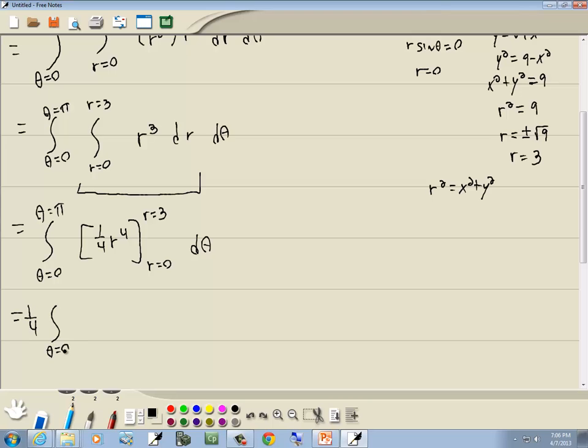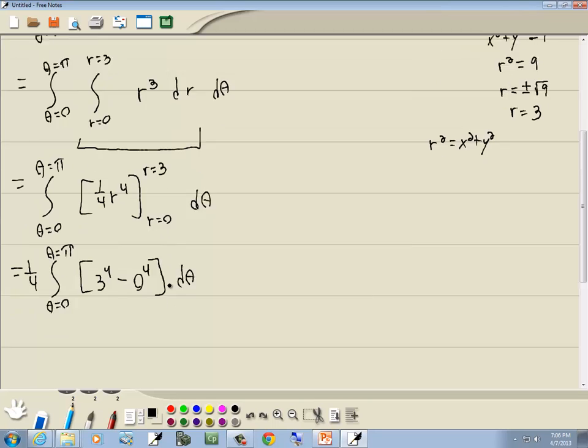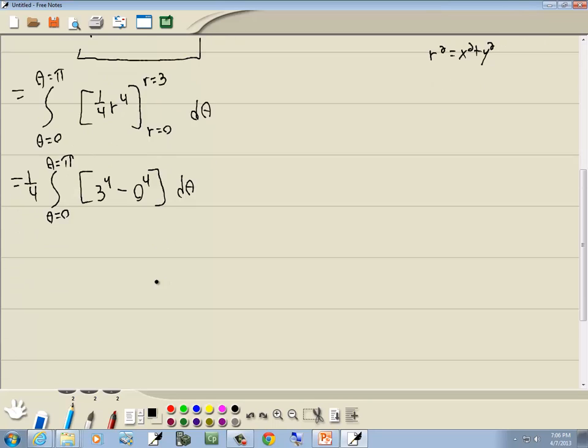And now we'll plug these numbers in for the r. So we got 3 to the 4th minus 0 to the 4th d theta. Well, 0 to the 4th drops away. 3 to the 4th is 81, and we can take the 81 and put it out in front. So we got 1/4 times 81.